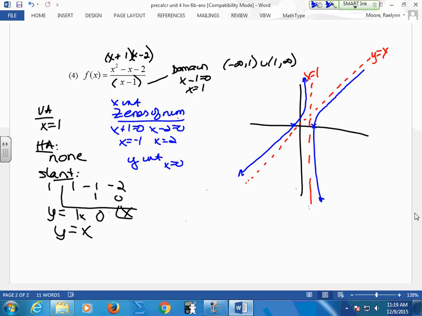Out comes those, out comes that one, and I'm left with -2 over -1. So where's my y-intercept? 2. And confirm that in your table. You should be able to see 0, 2. You can confirm a lot of these on your calculator, but you have to do them out algebraically. Okay?